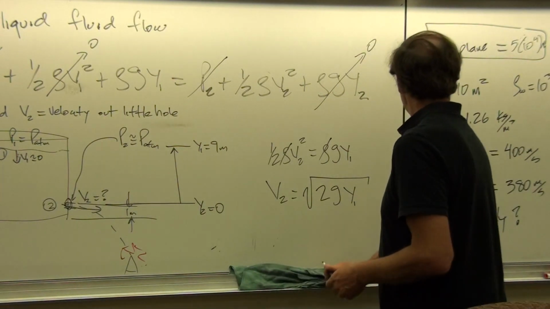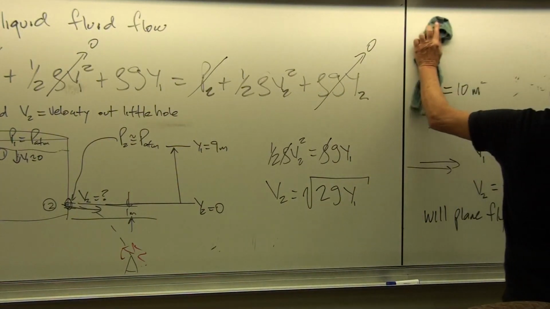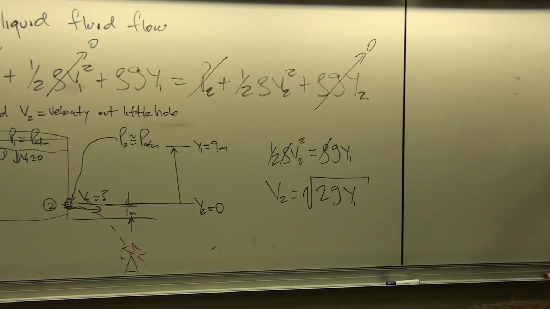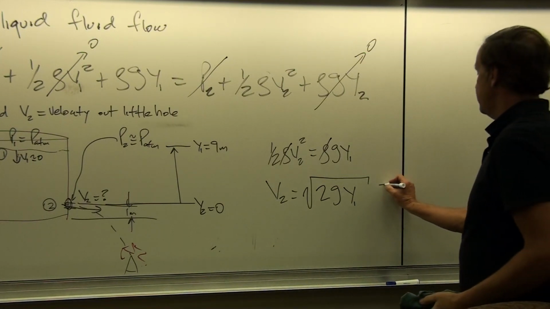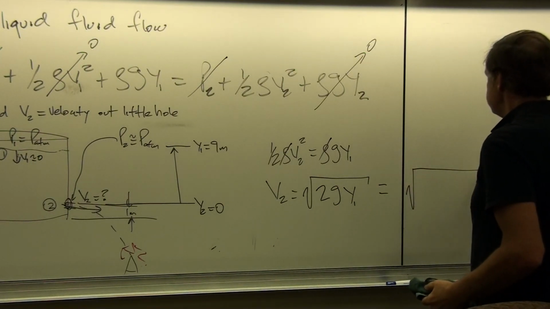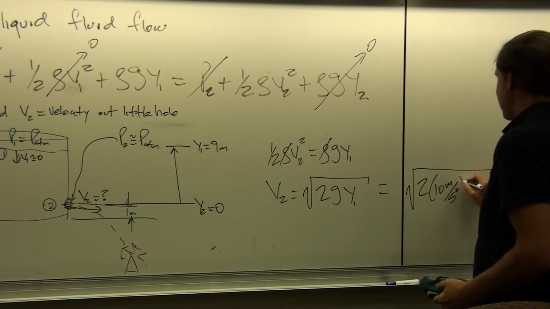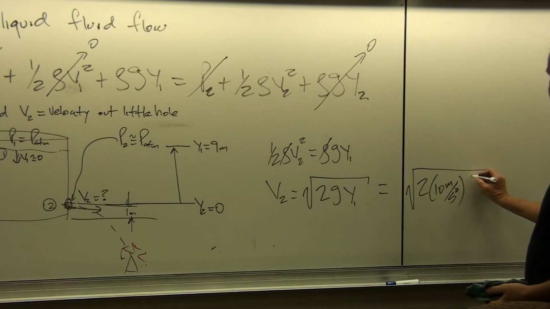And so given that that's the case, let's go ahead and solve for V2 and then see what we can do with that. So V2 then, the square root, 2 times 10 meters per second squared. Not being that accurate here, but we don't really need to be.